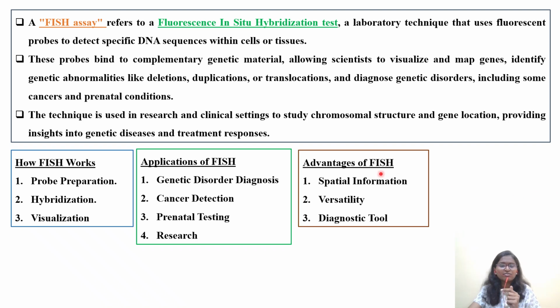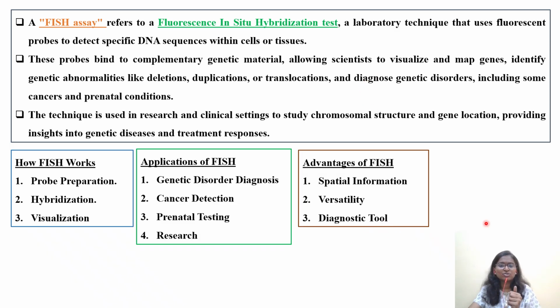The advantage of the FISH technique is spatial information: because of this hybridization, you can see the spatial information of the genes on the chromosome. It also has versatility, with various applications. It can be used for various types of genetic damage like deletions, duplications, translocations, etc., and it is also used as a diagnostic tool to identify certain genetic diseases.